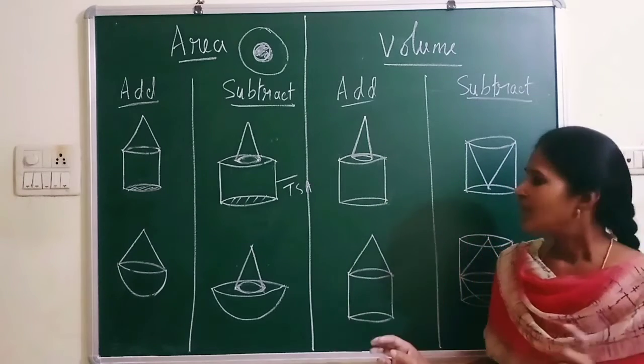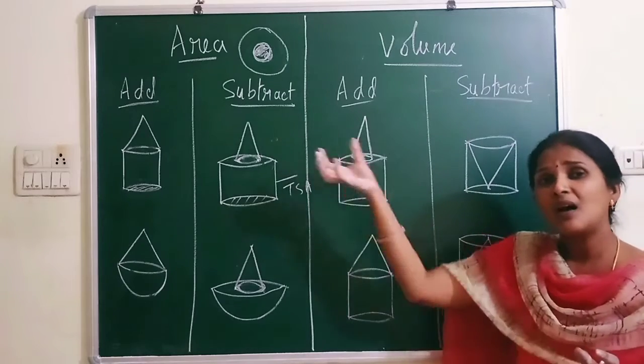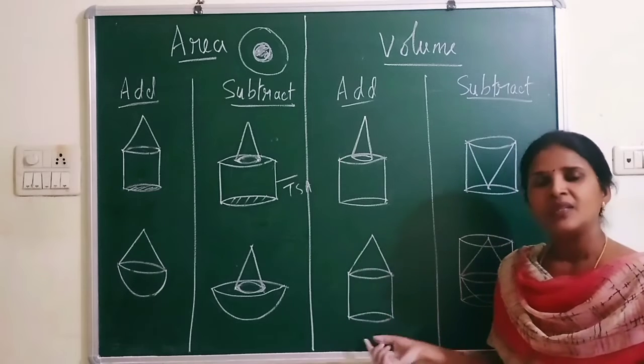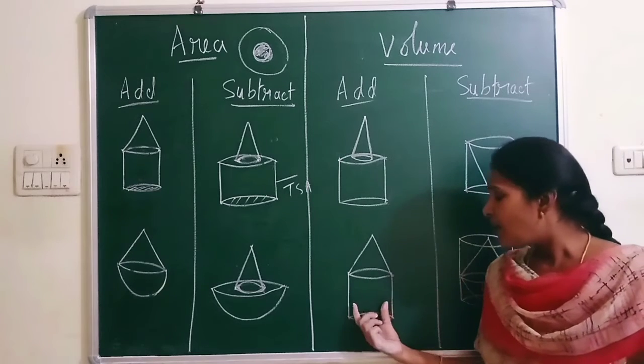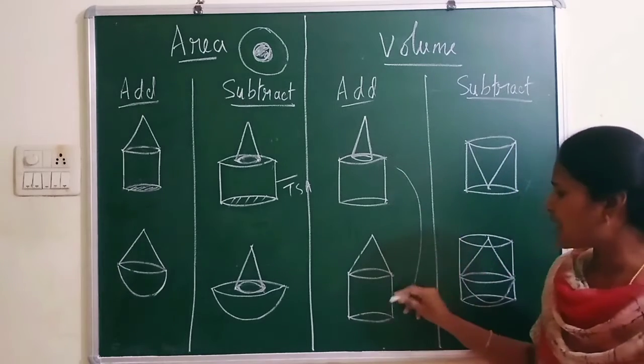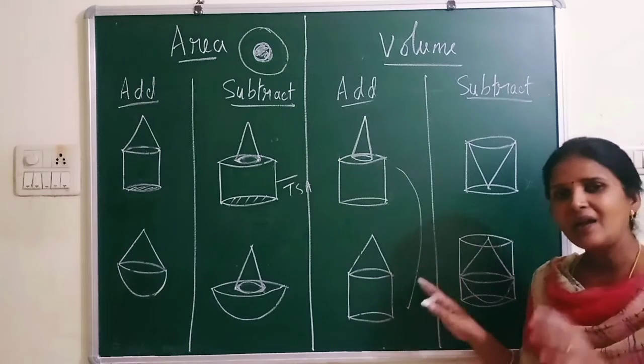Very simple. Here you are not subtracting anything, addition, because it is one upon the other, even though the diameter is different. Here you can see the diameter is same. Here also you are adding the volume of cylinder plus volume of cone. So in both the cases, when diameter is same or different, you are going to add the volume of these 3D figures.